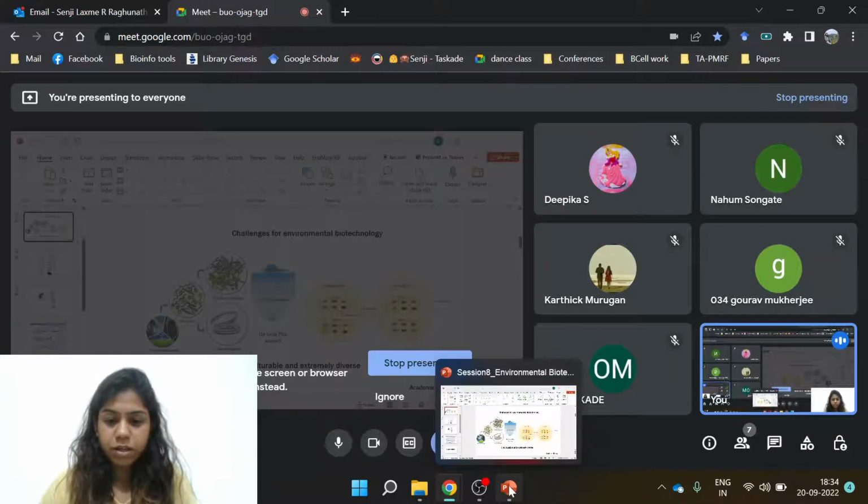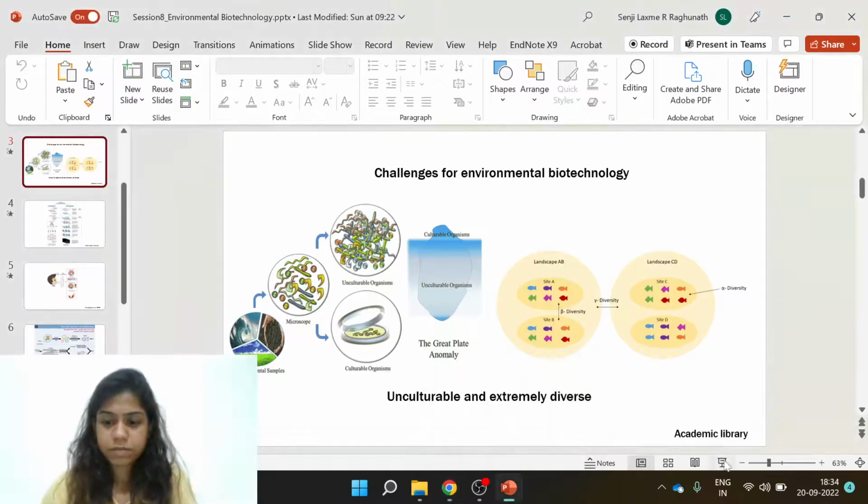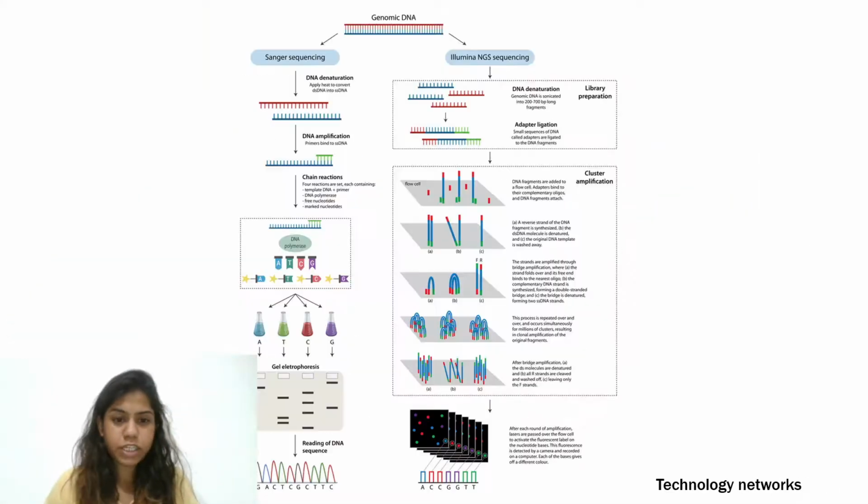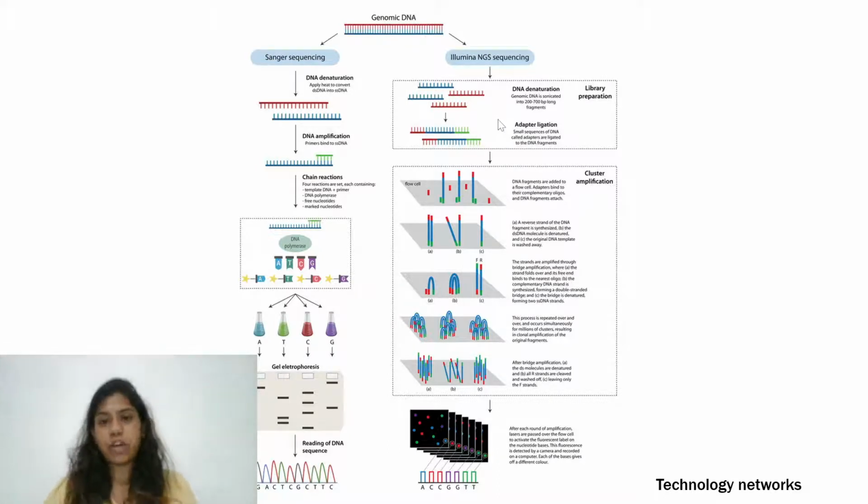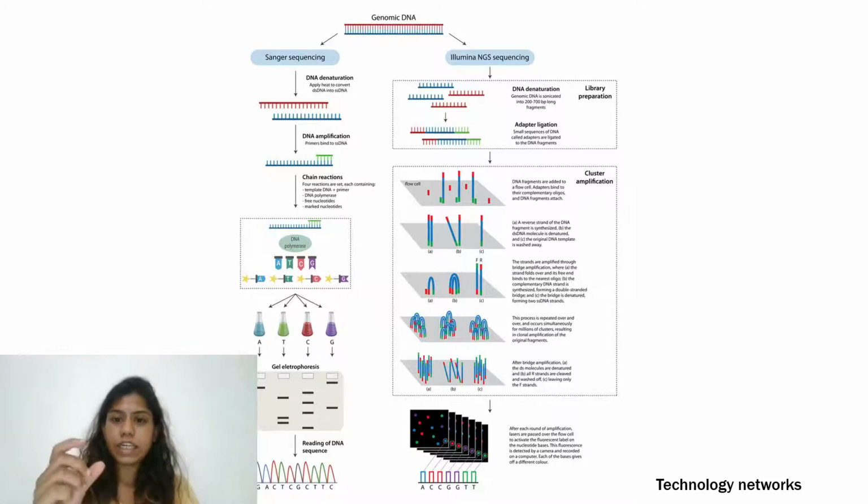Maybe I'll just go over the NGS in a little bit more detail now that we still have time and there are no questions. Like I was mentioning, there are these smaller DNA fragments that we get after denaturation of DNA. The genomic DNA is sonicated using ultrasonication so that it can be made into smaller fragments.